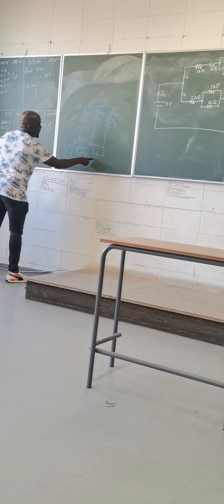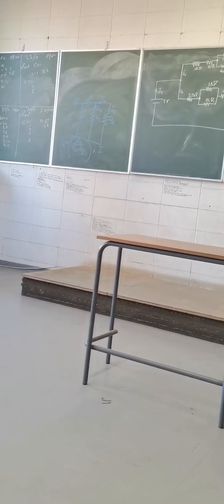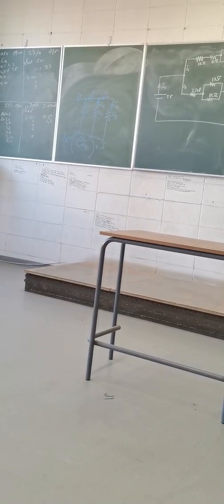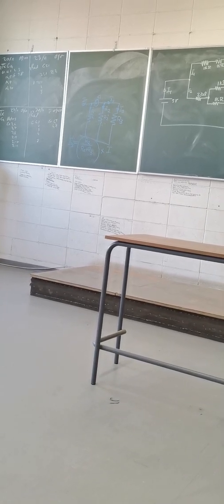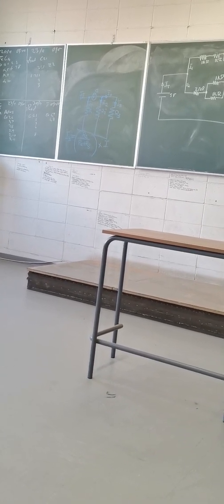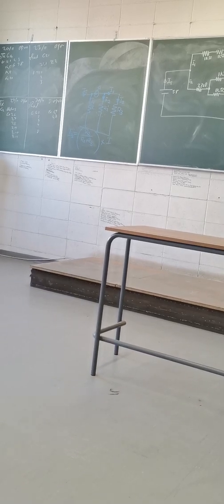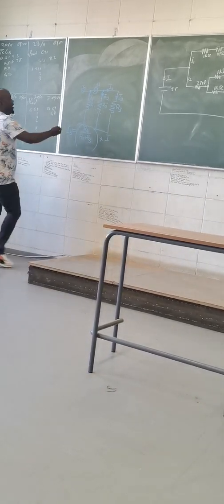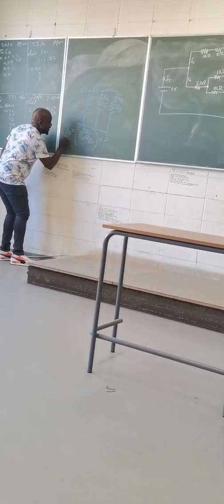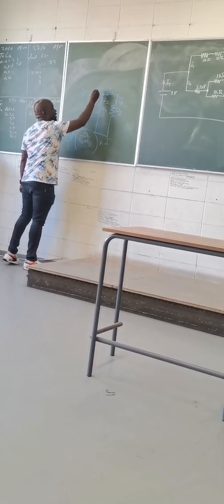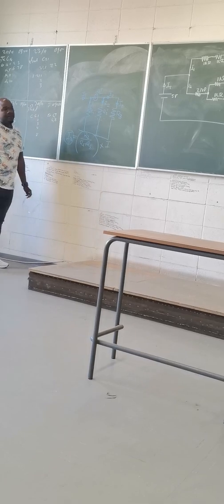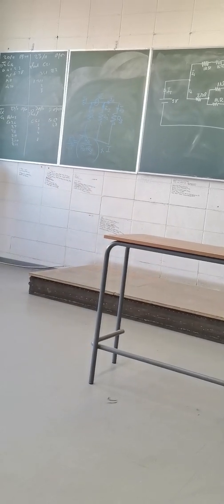Multiplied by the current entering the junction. Which current is entering which junction? The junction where I3 is, which is that junction there, that undefined current there.